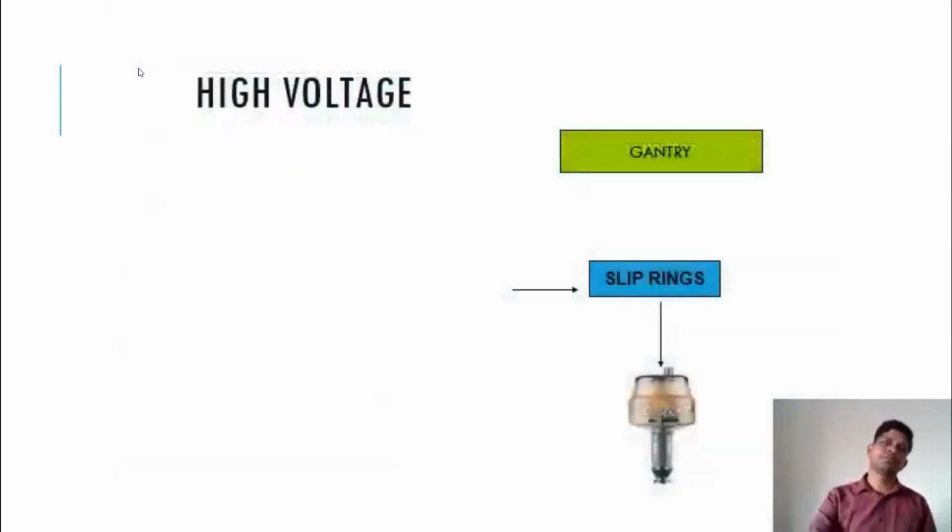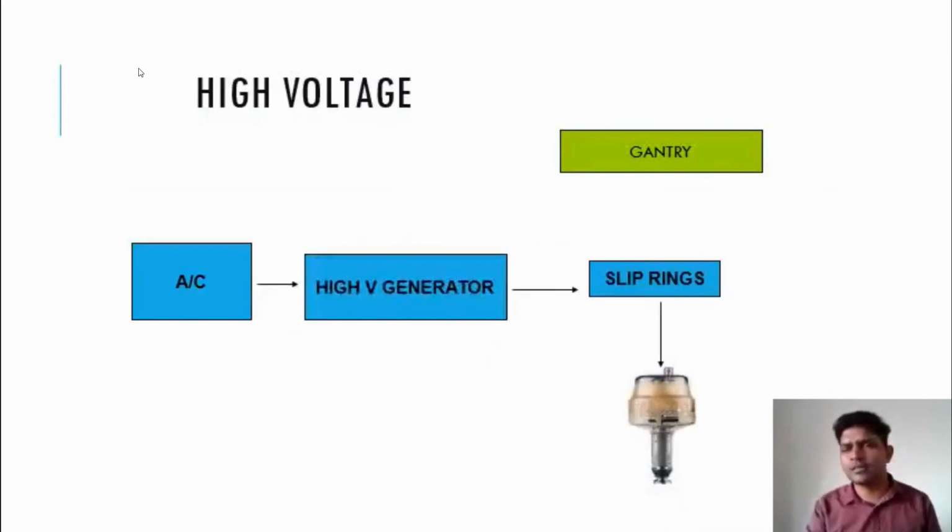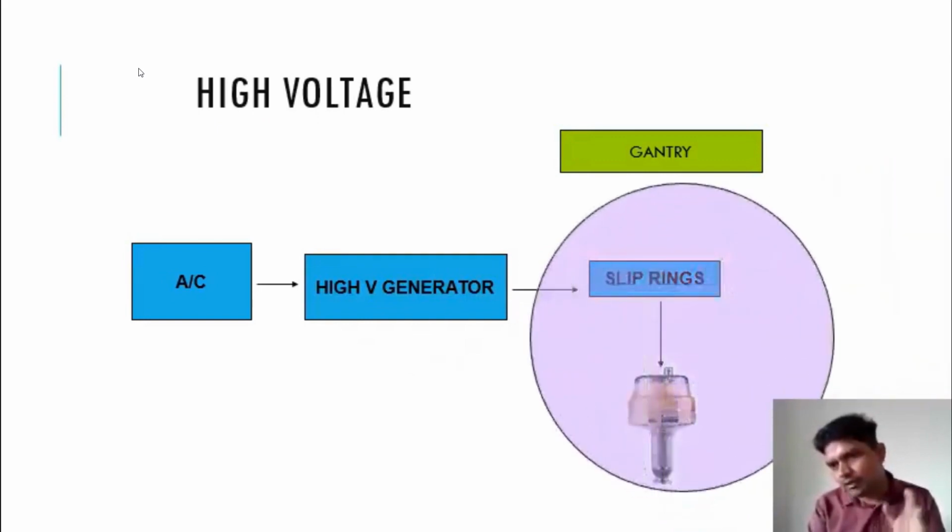But in high voltage it changes slightly: the AC gives power to the high voltage generator, then it goes to the slip ring, then to the X-ray tube. That is the other type.